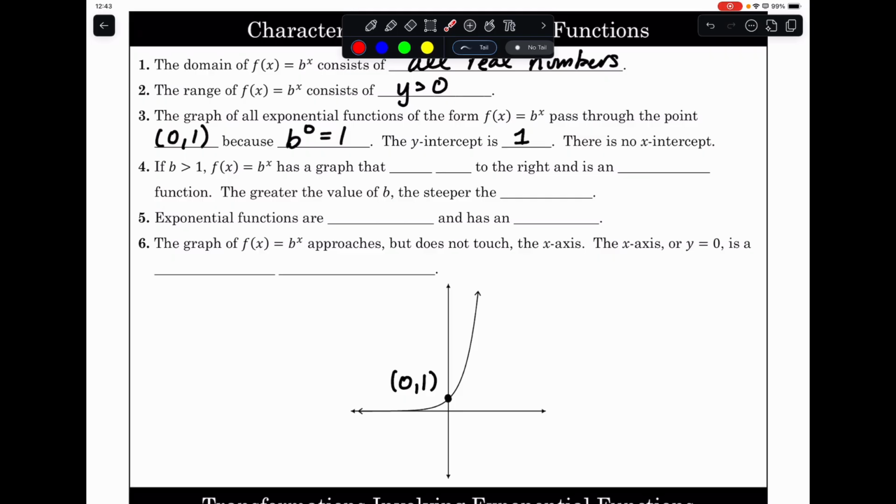Now, there are no x-intercepts, so this graph does not cross the x-axis. So that means that there's going to be a horizontal asymptote. We'll talk about that right now. Now, if b is greater than 1 and f of x is equal to b to the power of x, then this graph right there is going to go up.